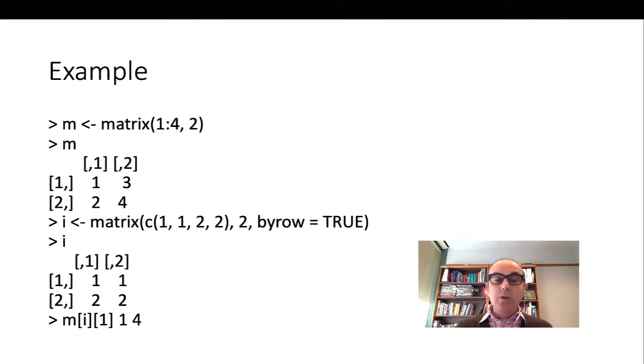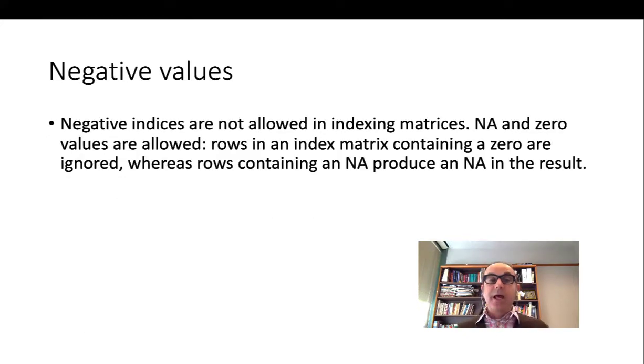But if I use the index matrix, with matrix and byrow equal TRUE, this is how it will display, and it will bypass the values of 3 and 4. And again, this is what it will look like in that context.